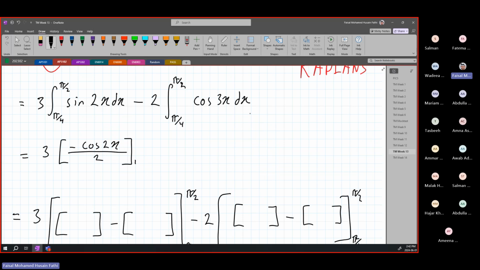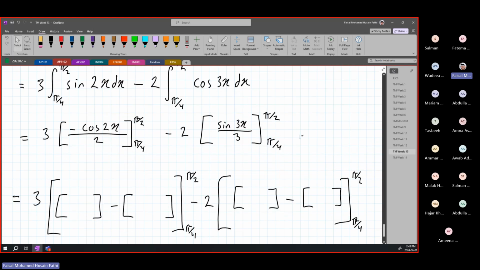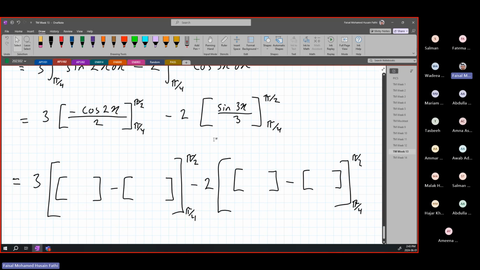All right, from pi over 4 to pi over 2. Minus 2 cosine 3x becomes positive sine of 3x divided by 3. Again, from pi over 4 to pi over 2. All right, just doing the integration.